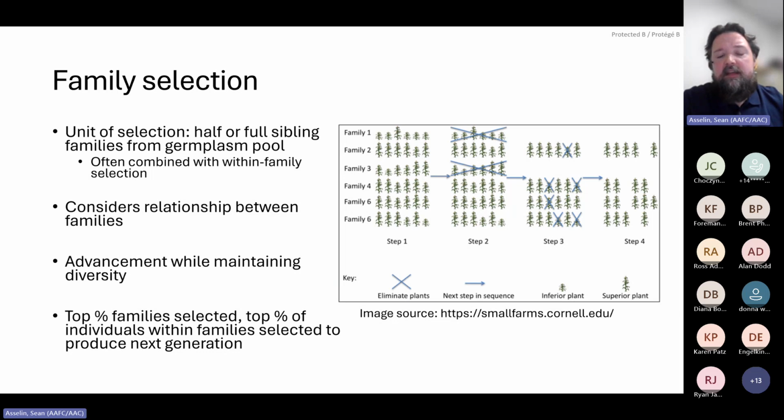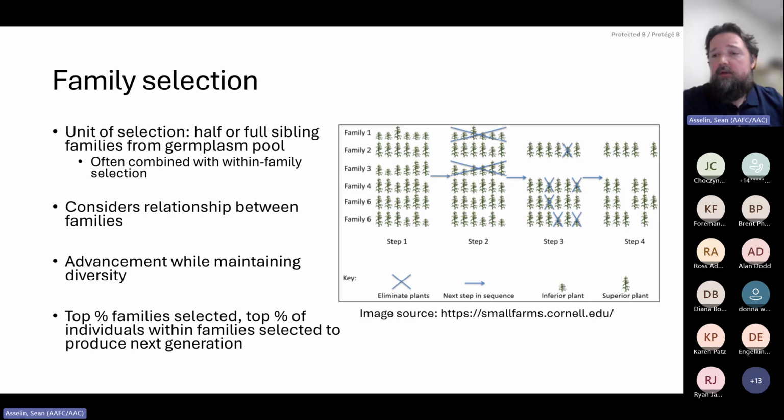So in this type of breeding scheme, this considers genetic diversity between families, but also variation for given traits within families. And this is a way of advancing materials under selection without being too stringent on constraining genetic diversity, because we may remove one or two families in general from the whole population, but then we're making selections within that family as well.